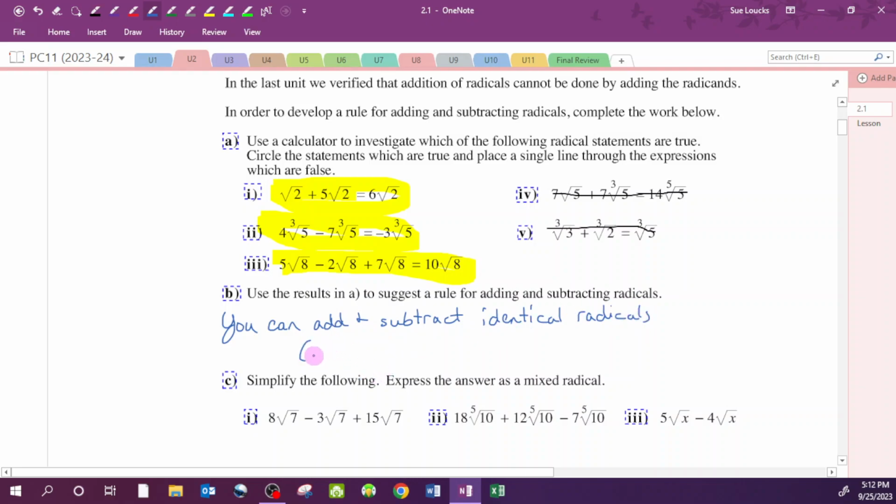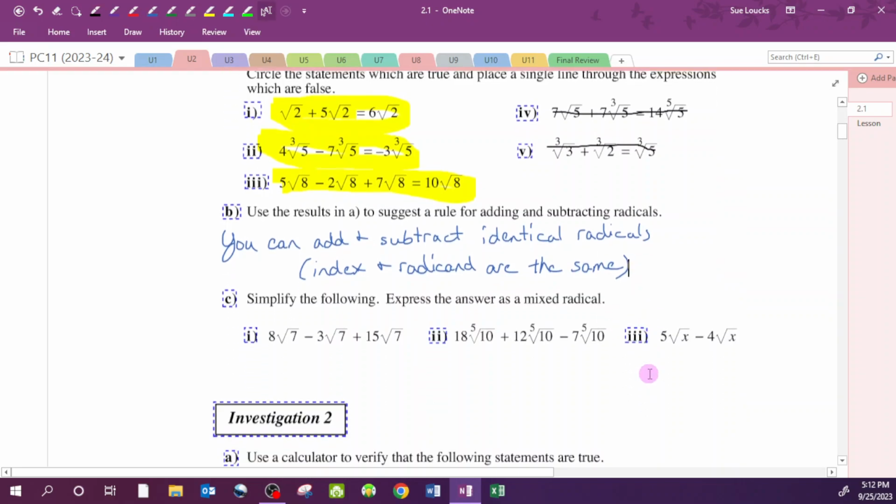So that means that the index and the radicand are the same. So the radical part of the expression has to be exactly the same.